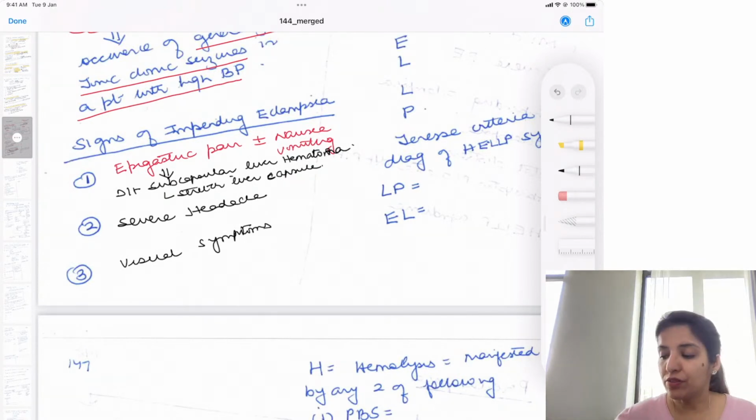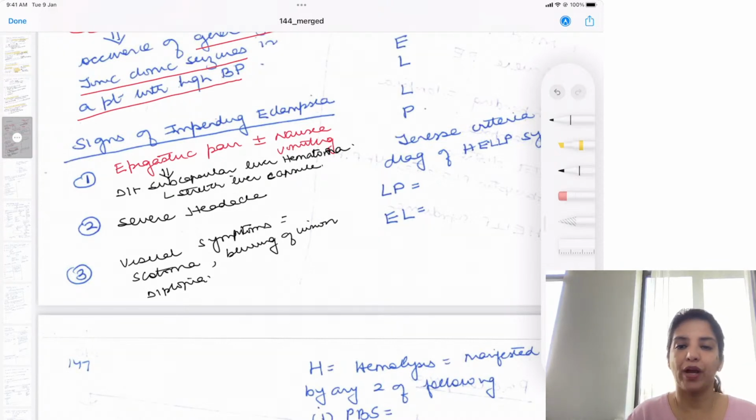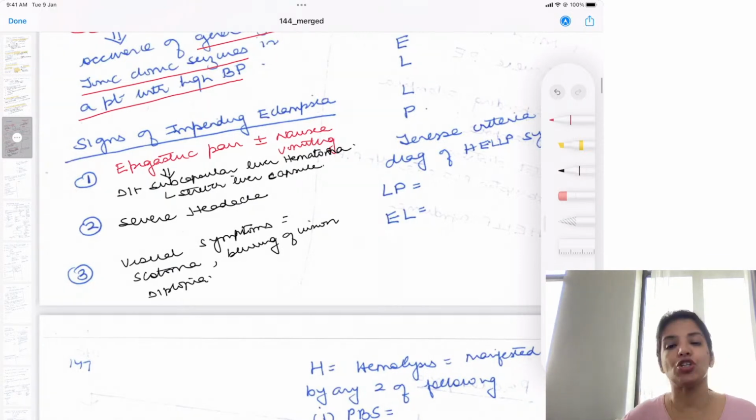These visual symptoms, they could be in the form of scotoma, blurring of vision, or diplopia, right?